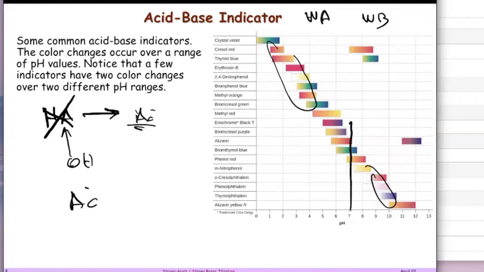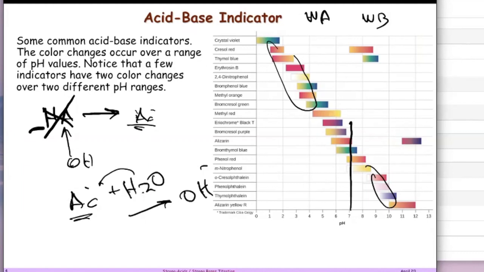It will undergo hydrolysis and cause that solution to be basic. Okay, because the weak base will now react with water, the water is going to give up its hydrogen to the conjugate of that original weak acid, and in the way of giving up its hydrogen, it forms hydroxide. So the solution is basic.